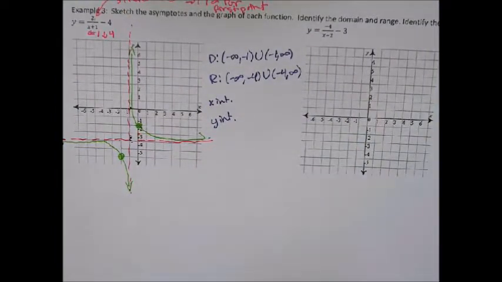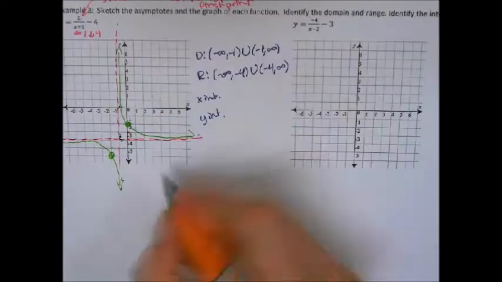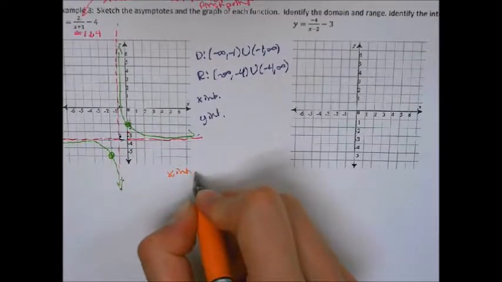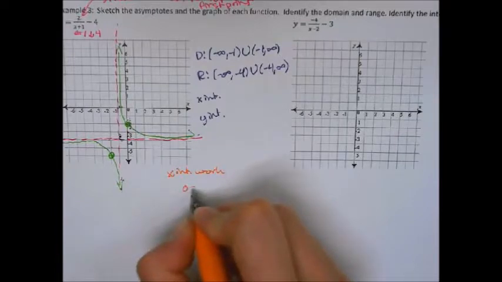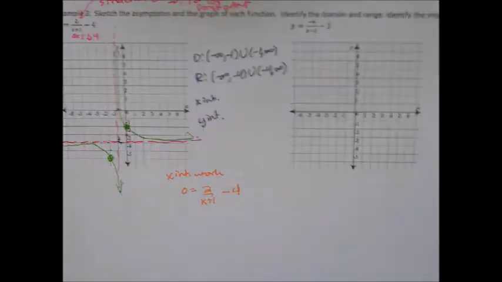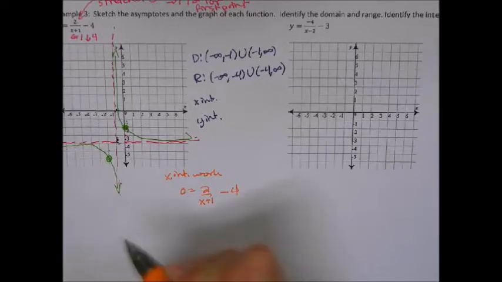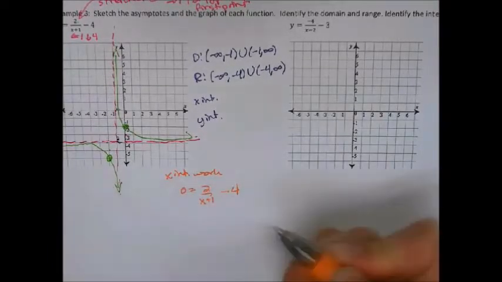All right. For the x-intercept, let's say y is 0. Go ahead and solve that similarly to how we solved it on 2 on the front. And then for your y-intercept, I'll do that up here.